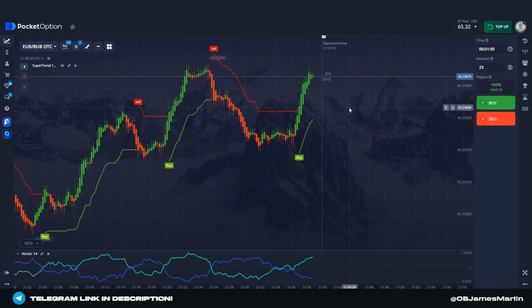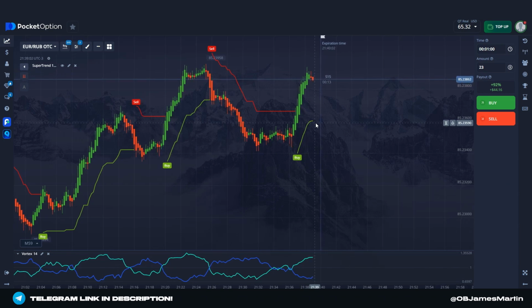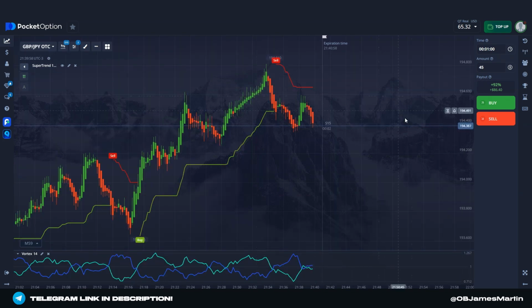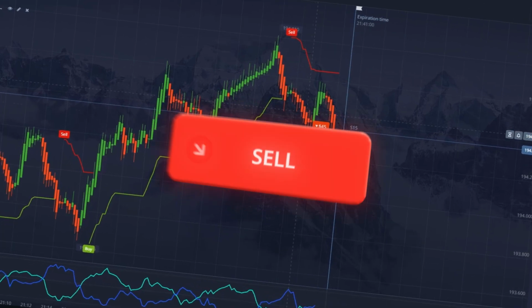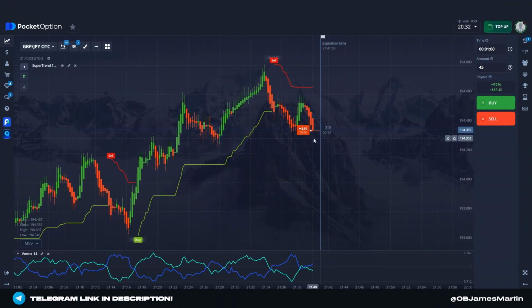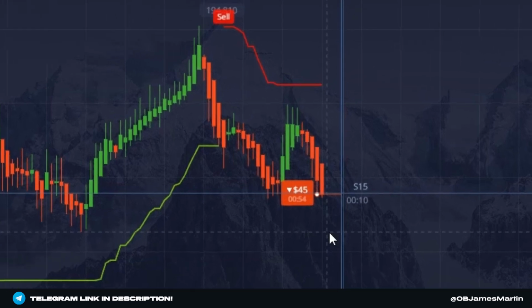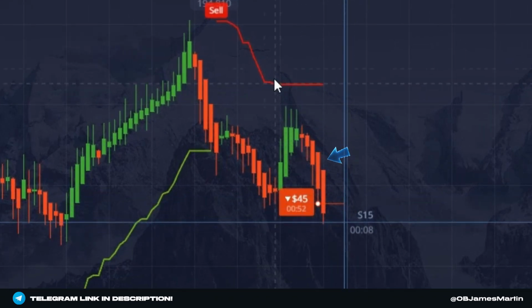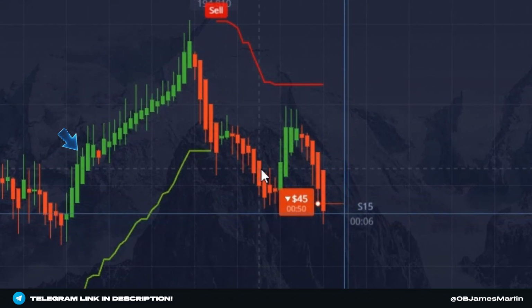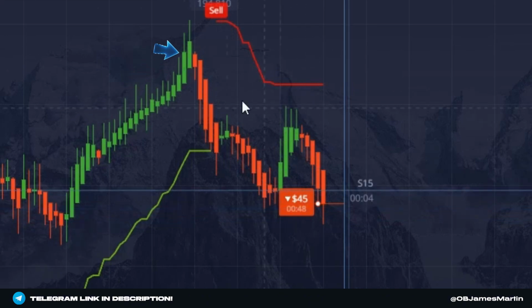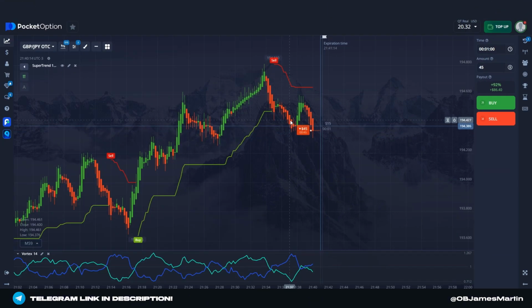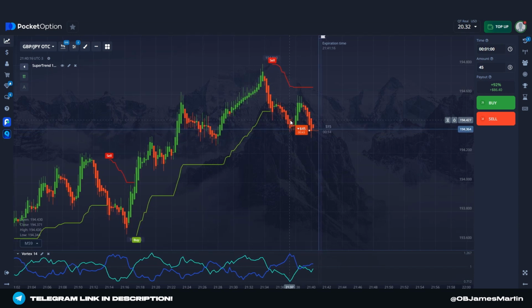So guys, just pay attention to the Vortex, okay, and the SuperTrend. When you get the green, we have an uptrend. When you get the red one, we have a downtrend. So actually wait and see this. Let's go. All right, guys, I can see right here a very good amount of money. We can use 1 minute or I can use 2 minutes. It works pretty well. For this one, we immediately see the consistency of the candlesticks as well, and also the signal from the SuperTrend.